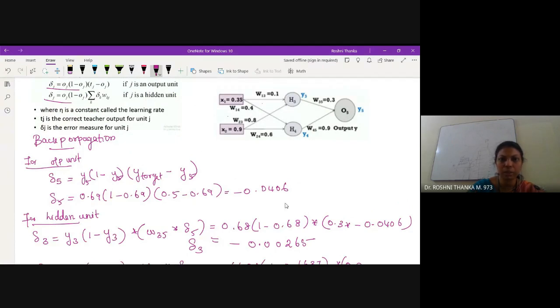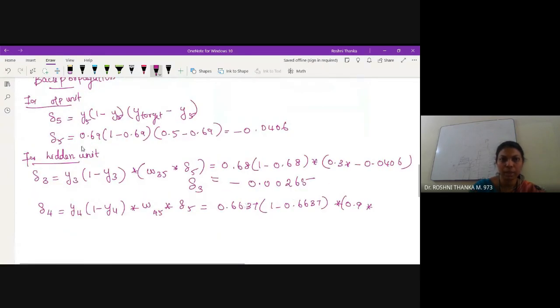That unit is this one, right? Delta 5, which is minus 0.0406. And if you calculate this value, you will get minus 0.0082. So this is how we will be calculating the error for each and every computational unit.